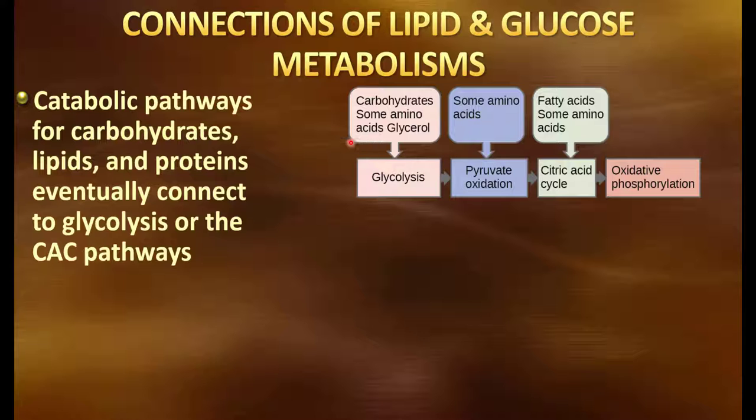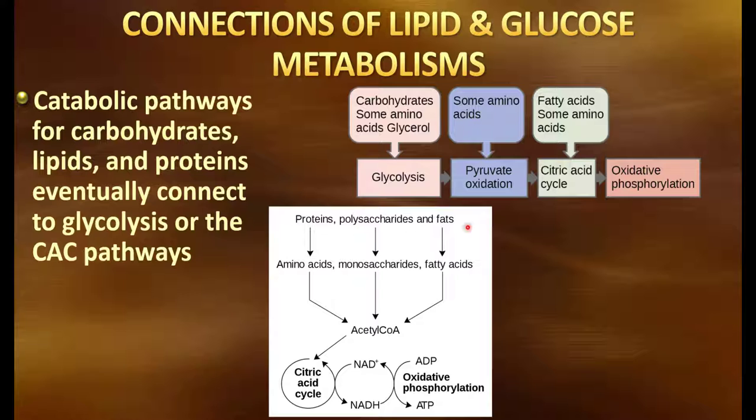We can also use some amino acids that we can ship into glycolysis. We can also take glycerol off of our triglycerides and we can send those into glycolysis. Some amino acids can enter that pyruvate oxidation stage, and then some amino acids can enter the citric acid cycle. Some fatty acids can enter the citric acid cycle. So we can use other energy sources other than glucose to create ATP.